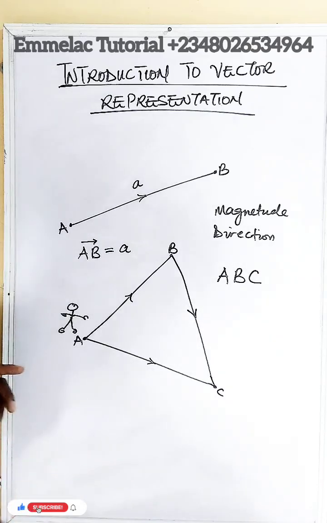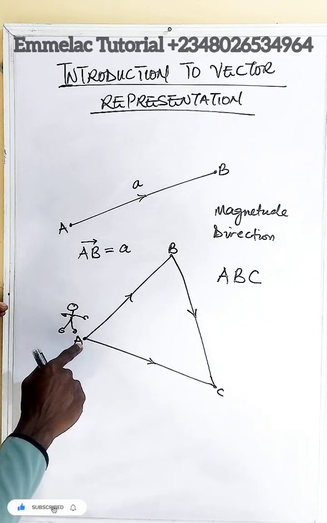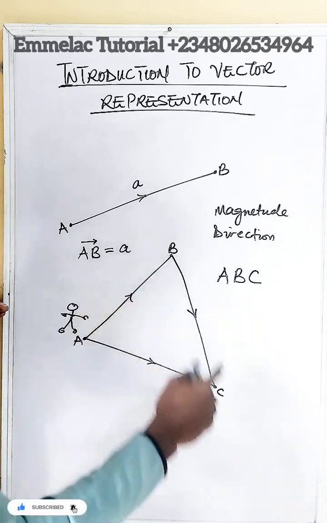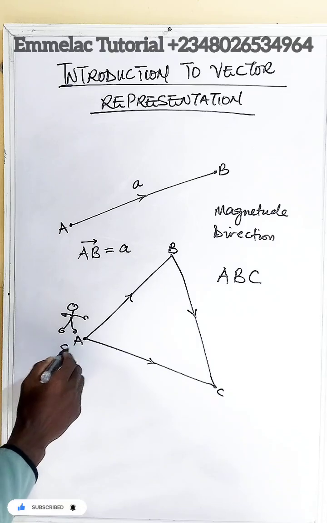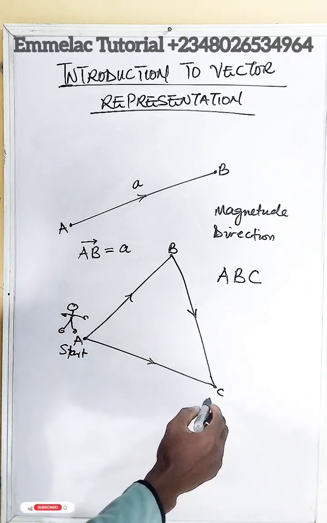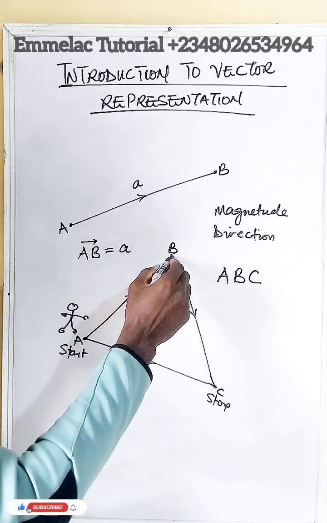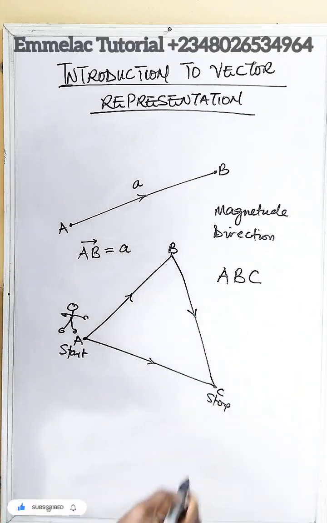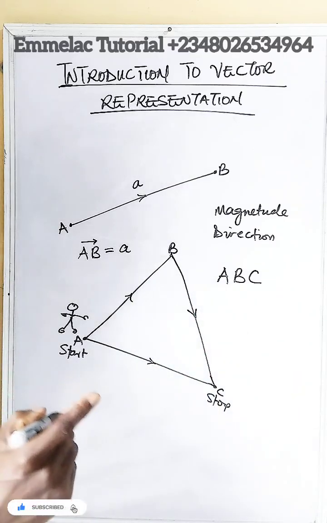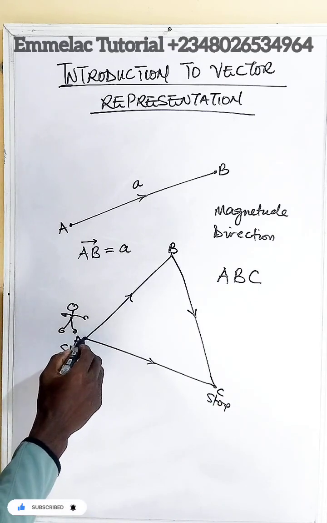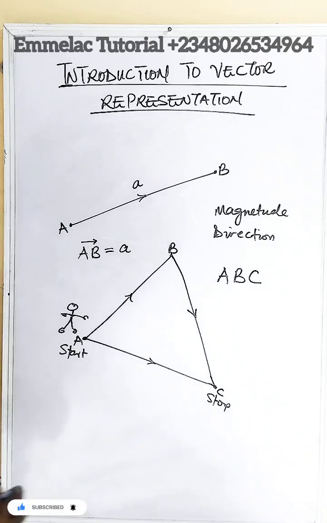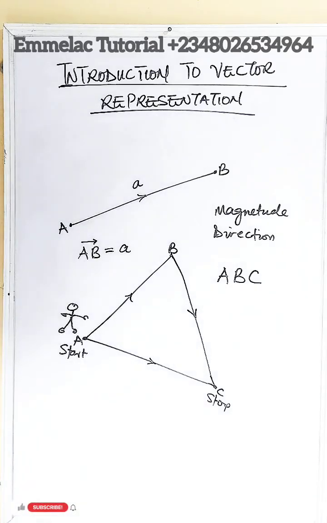Now if you can move from A to B to C, here is the starting point and here is the stop. So from A to B, from B to C can be represented by a single line, which is from A to C. So there is a sort of addition that we'll need to implement here.